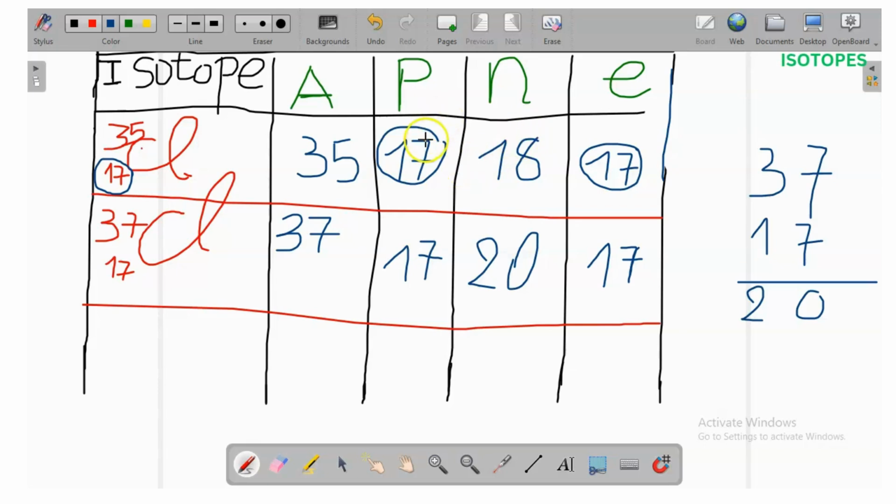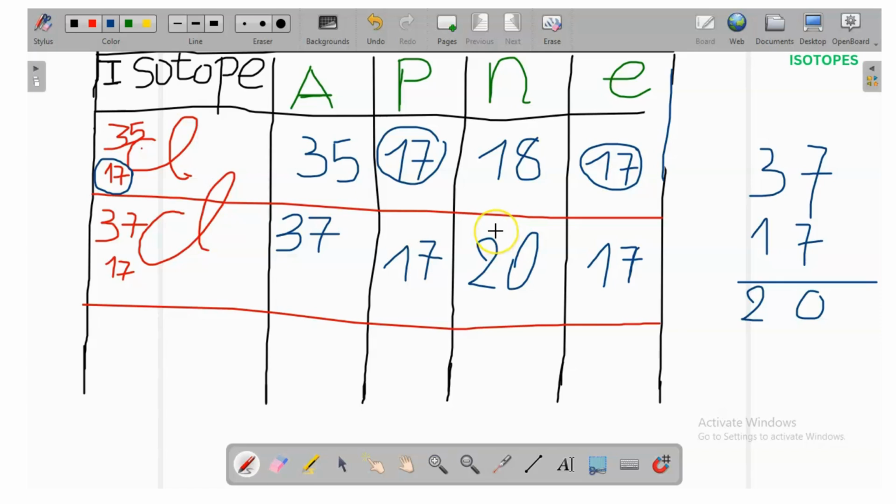This means that isotopes have the same number of protons, but the masses are different, as you have seen here. Also in the column of neutrons, the number of neutrons of chlorine isotope 1 is different from the number of neutrons of isotope number 2.